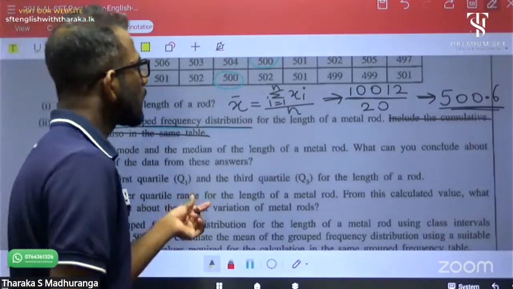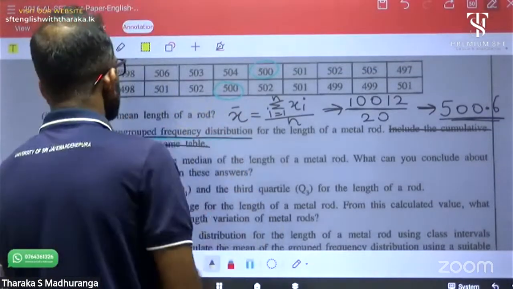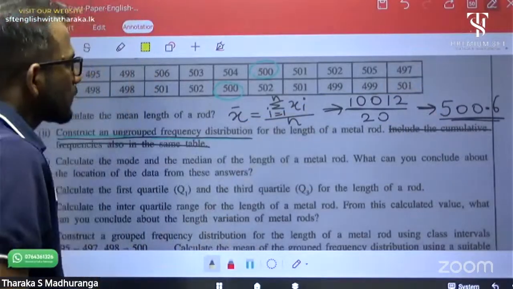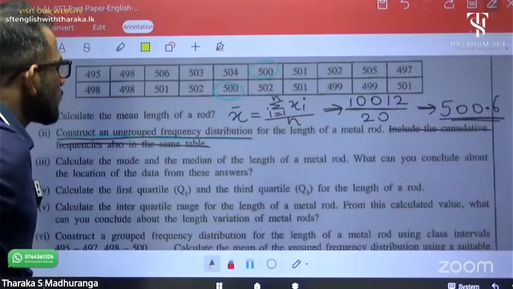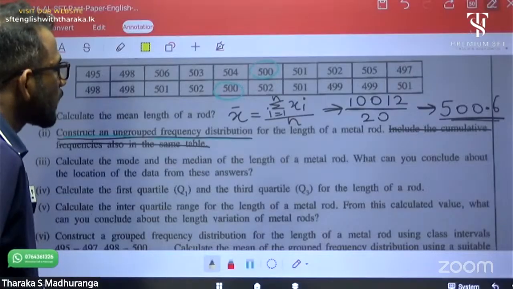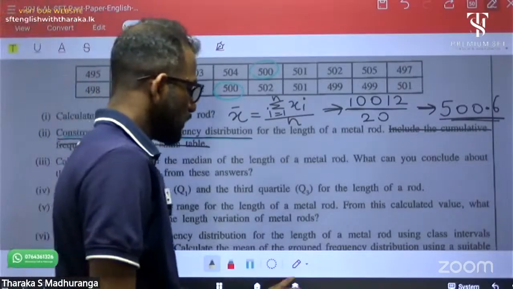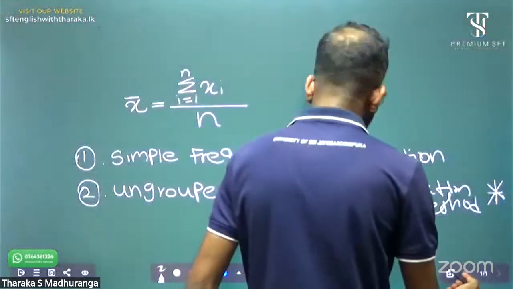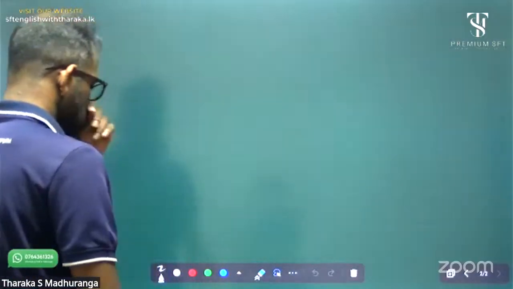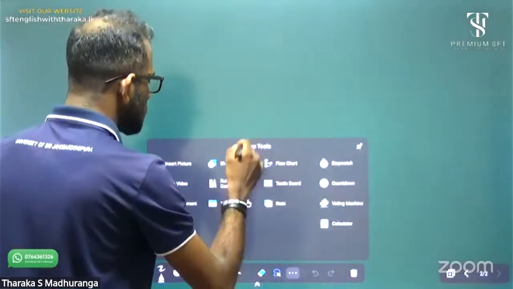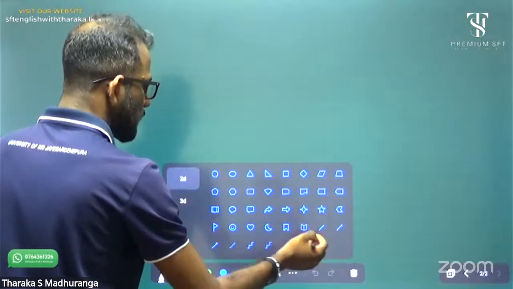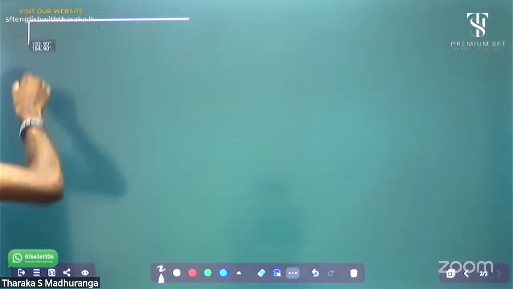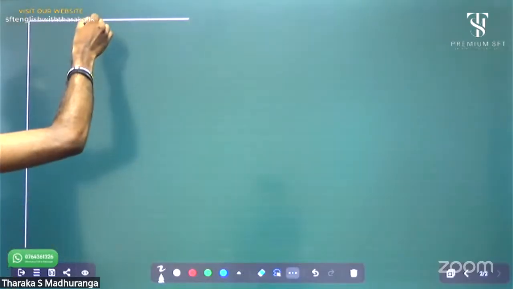Right. How to convert this? Now it is just a data set. The question asks us to construct an ungrouped frequency distribution. How to prepare an ungrouped frequency distribution? You have to prepare a table. You can prepare a table like this with tally marks.